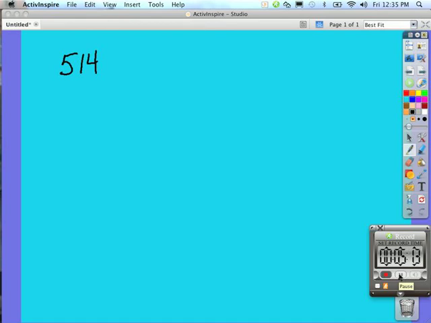And so what we will show you is that to get to 10%, we just move this decimal over, and so our 10% becomes 51.4. And so if 514 is 100% and 51.4 is 10%, let's subtract that from the total possible. 51.4 taken away from 514 leaves us with 462.6.